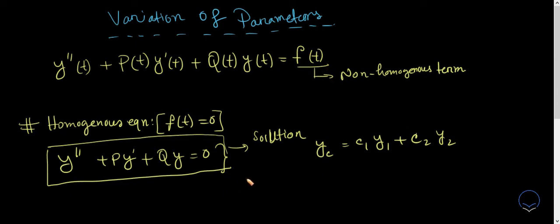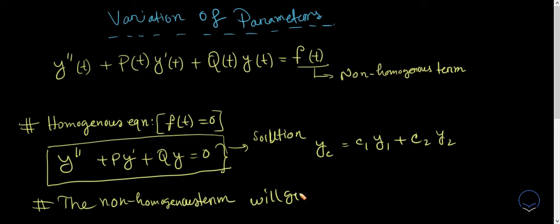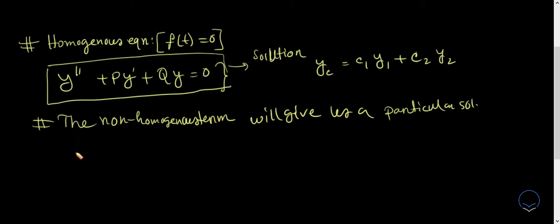If you recall, there should be a particular solution for the non-homogeneous term, and we are calling that particular solution yp.